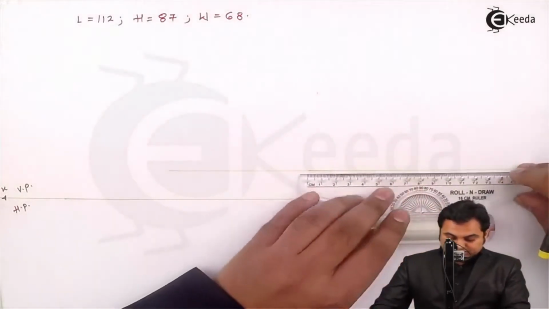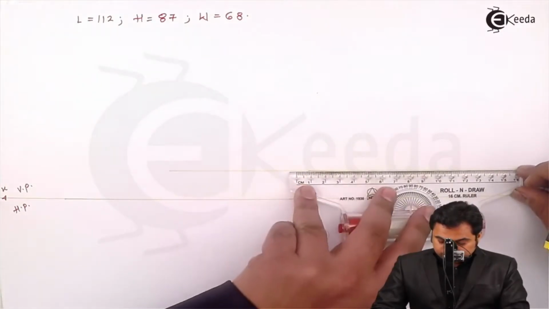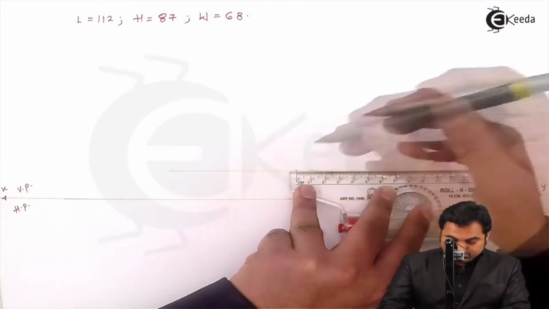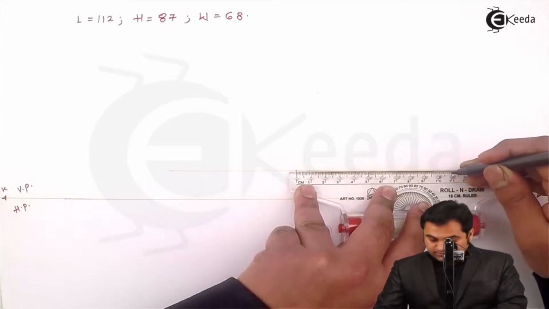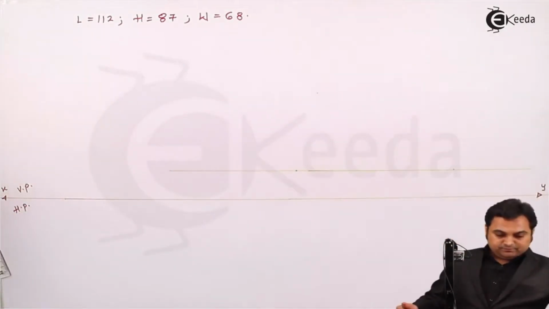So here I'm marking the length 112. This is 100, 110, then it is 112. The height is 87 mm.